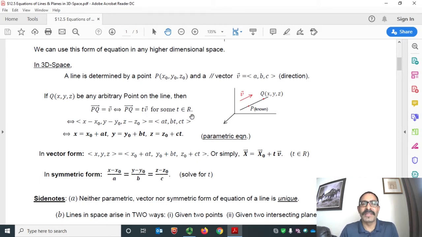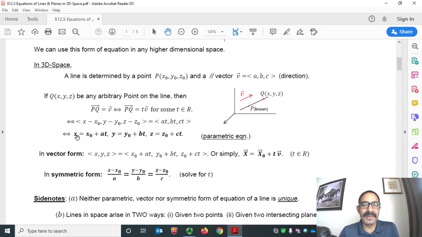I hope it makes sense to you all. Two vectors are parallel if one vector equals a constant times the other vector. So then PQ vector's components (x minus x0, y minus y0, z minus z0) equal, we can multiply this t to each component of v vector, (at, bt, ct).